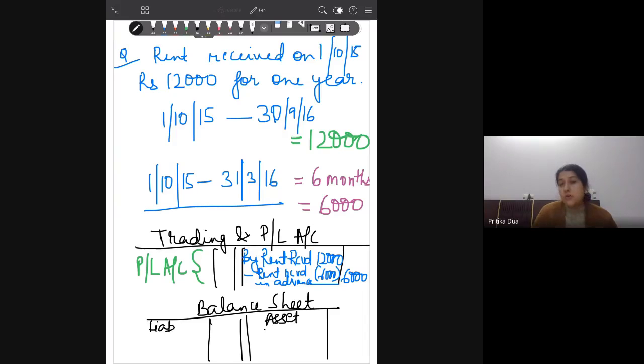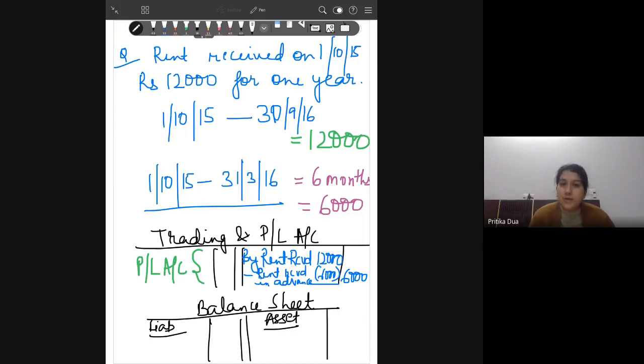Now against the 6,000 that you have received in advance, you have to give service in the coming time. The property you have given on rent, in the coming 6 months of the next financial year, you have to make sure that service is given to the tenant or the person who is paying this rent. So this becomes a liability for the business.